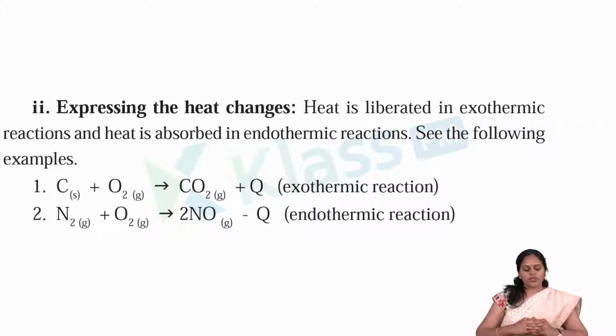C plus O2 gives CO2 plus Q, that is an exothermic reaction. It means that heat is released. The second one, N2 plus O2 gives 2NO minus Q. It means that it is an endothermic reaction. In the endothermic reaction, heat will be absorbed, which we are indicating with minus Q. Q represents the heat energy.